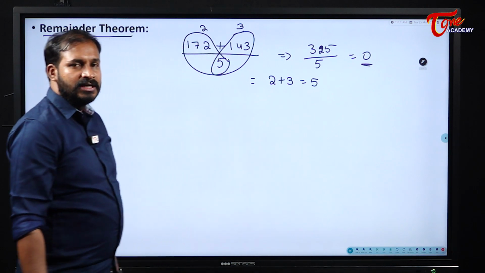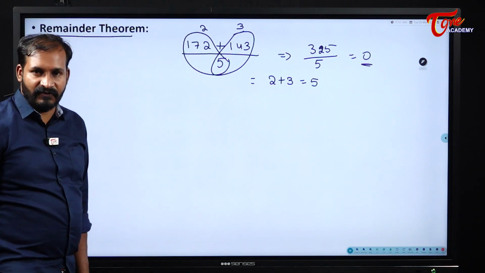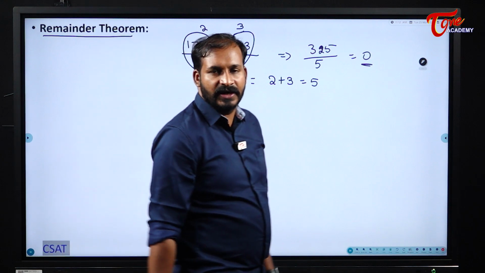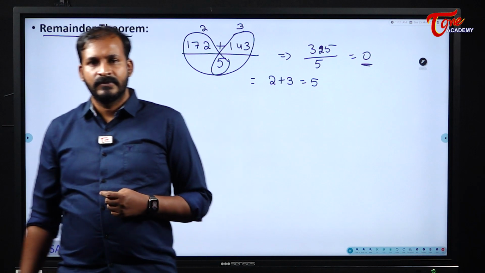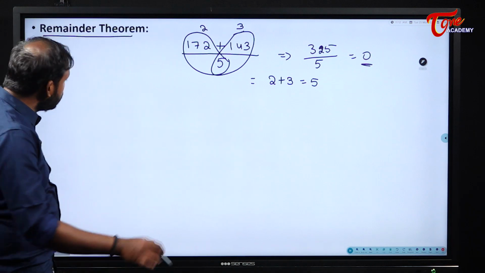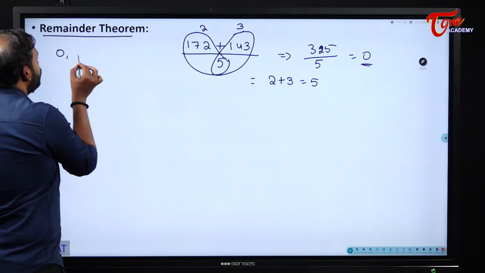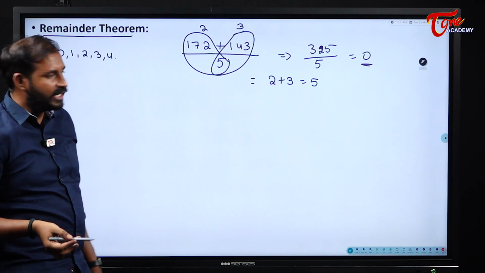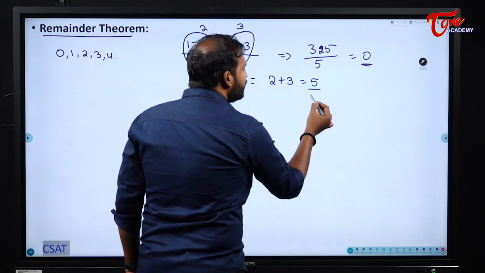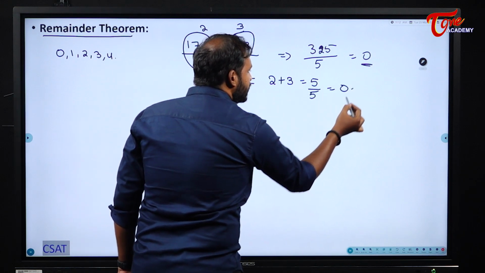Now, when you divide a number by 5, what is the highest remainder possible? 4, right? The possible remainders are 0, 1, 2, 3, 4. 5 means once again 0 only. You will once again divide it by 5 and write your answer as 0.